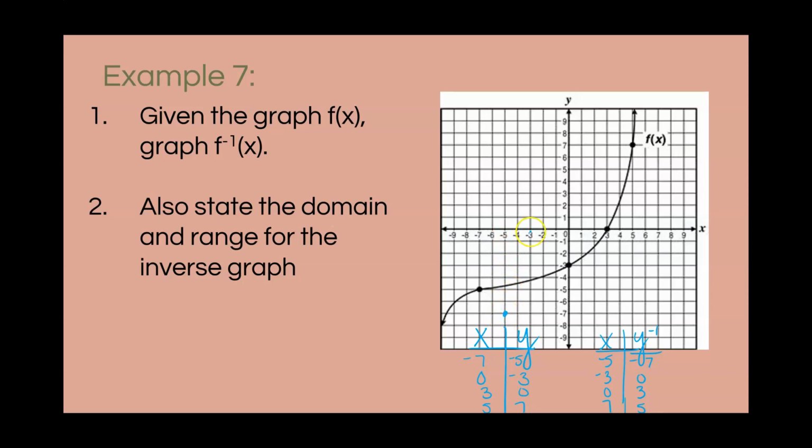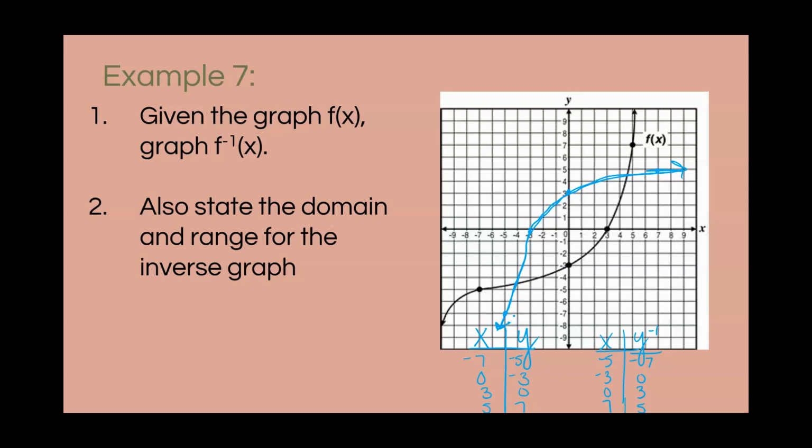And then -3, 0. Then 0, 3. And then 7, 5. And it's going to take the same basic shape. So it looks like it's going to do something like that. Okay, my pen's a little shaky.